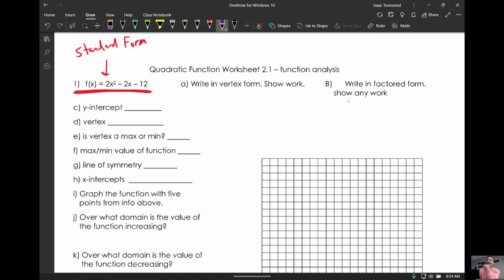We want to say the exact same thing. We're not changing the function itself, but we need to change its appearance. Part B is going to be the easier one, I think, because factored form just means basically factor it. I look at that and I notice that there's a GCF, and you should always factor out a GCF first.